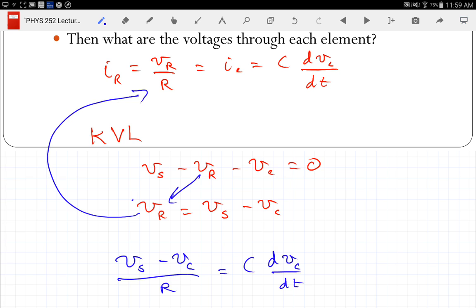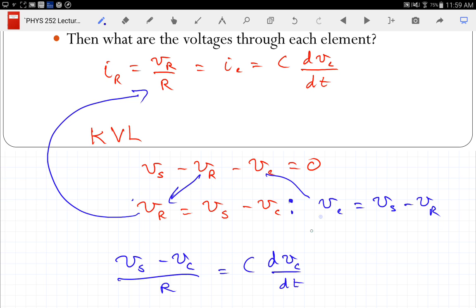One of them should be V_C. And the other one is, actually, you know what? I'm doing it this way for the integral. Let me do it so I do a derivative. Doing a derivative is going to be easier than an integral, right? How can I do this differently to make it so I do a derivative? I'll just solve this equation for V_C.